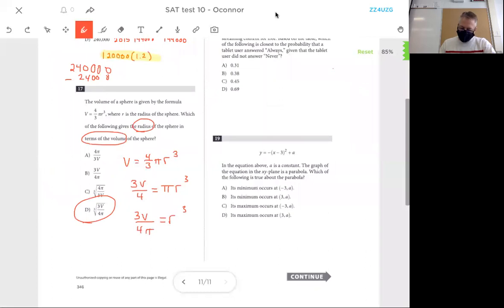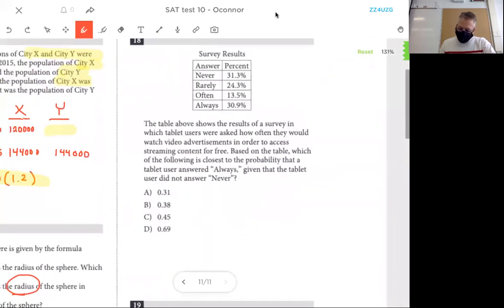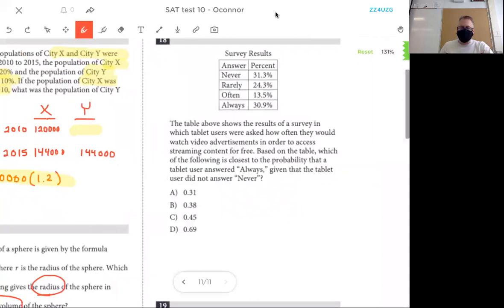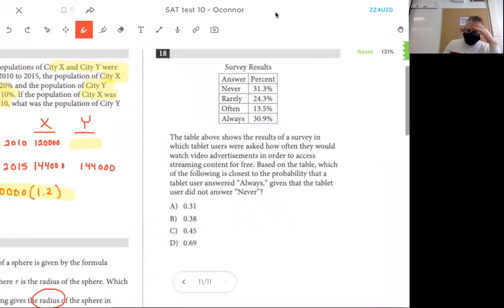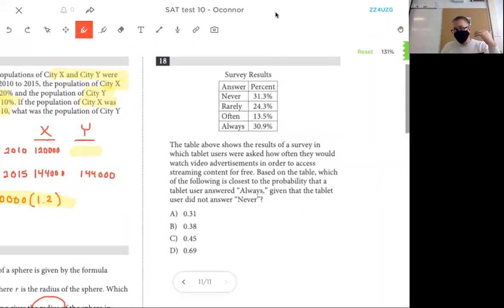All right, next one. The table above shows survey results, and lots of this stuff, guys. Again, just trying to be able to figure out the information from the chart. So based on the table, which of the following is closest to the probability that a tablet user answered always, given that the user did not answer never?